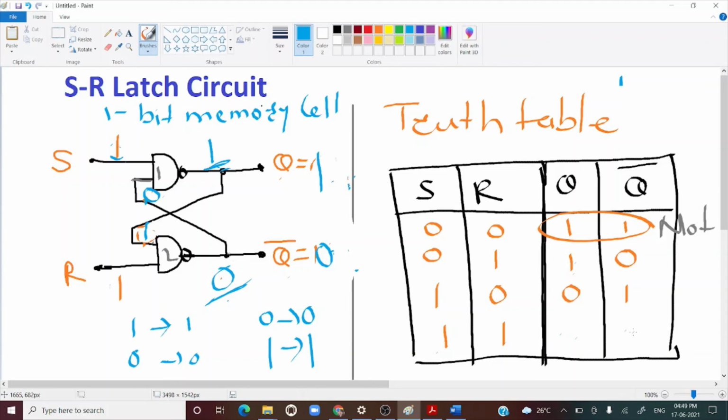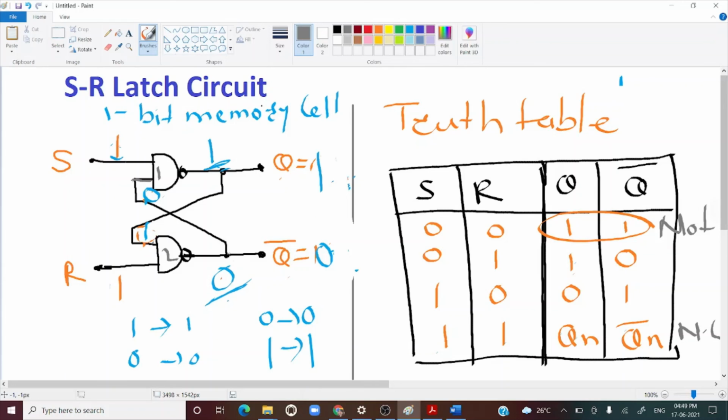So here we need to write one comment that there is no change at the output, or this can be written like this as well, that it is Qn and Q bar n, means it is same as the previous state. And here we can write the comment that there is no change, NC. Mostly in the table it is written like NC, means there is no change at the output.